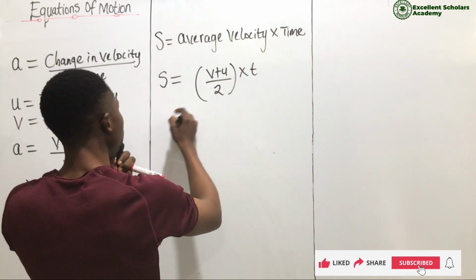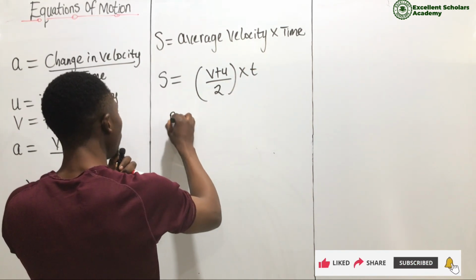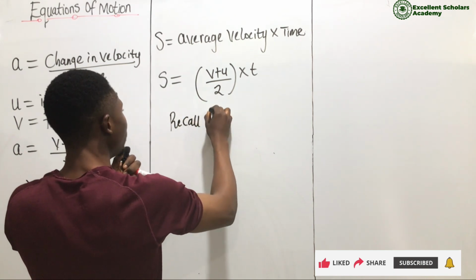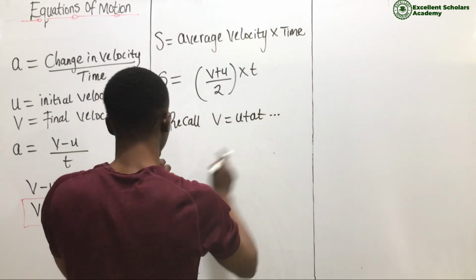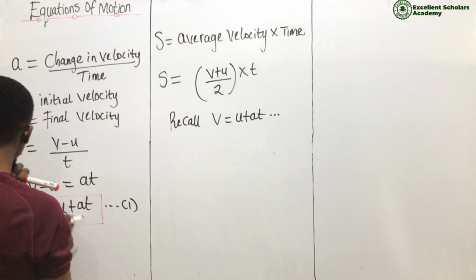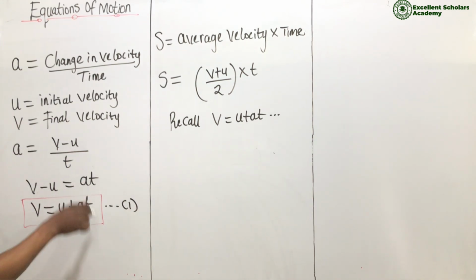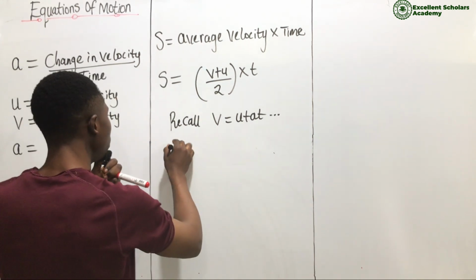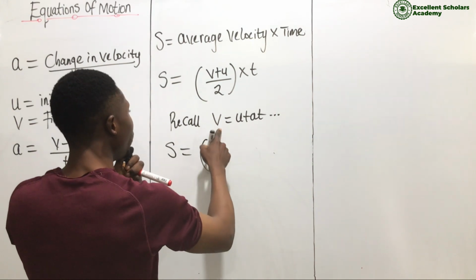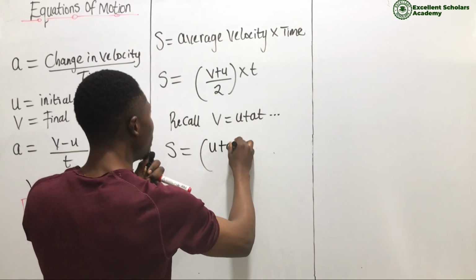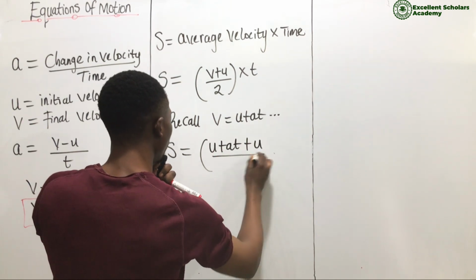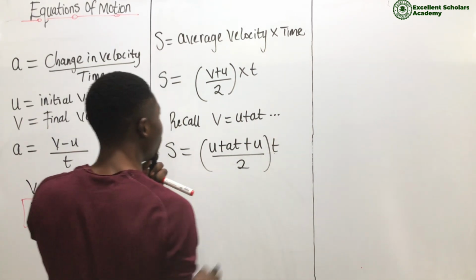We recall that v is equal to u plus at from equation 1. So anywhere I see v, I replace it with u plus at. It becomes s is equal to u plus at plus u over 2, multiplied by time.